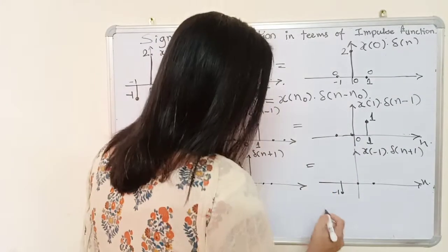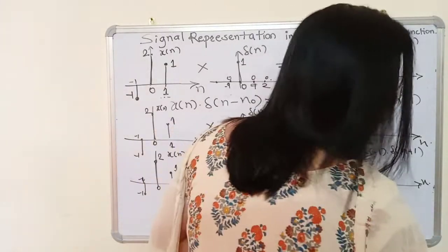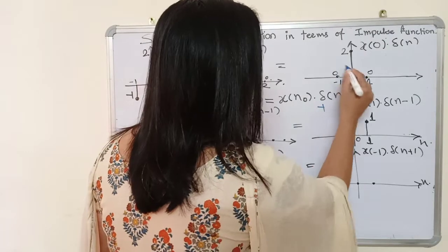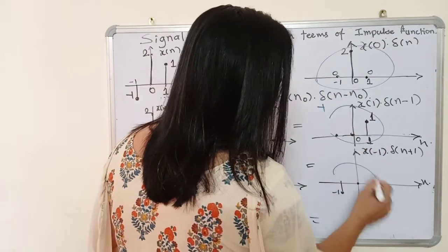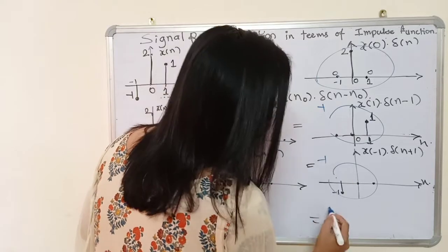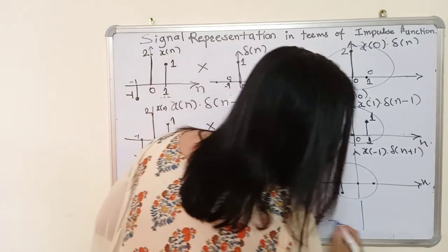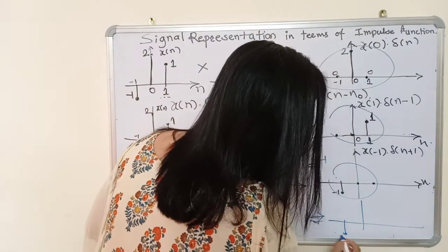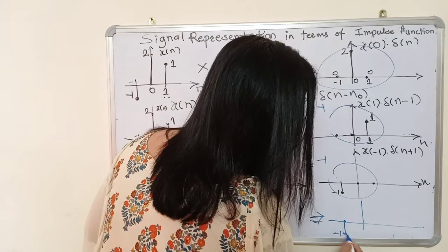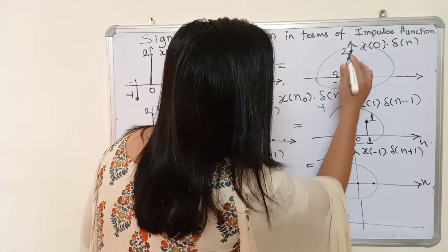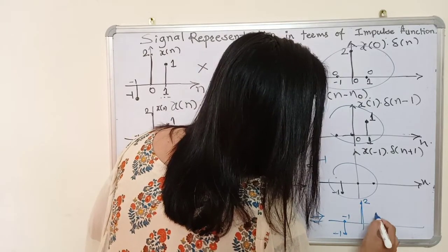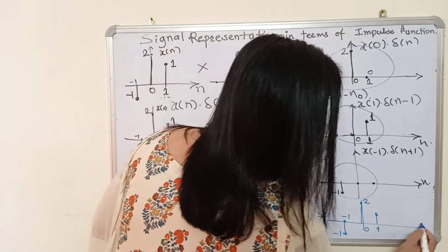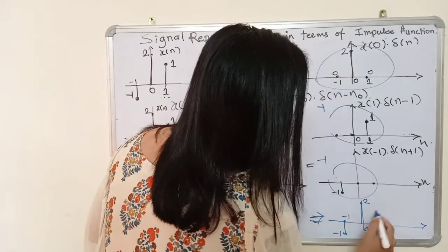Let us add. So when I add this plus this plus this, I am going to get a signal which is having a magnitude like this, -1 at -1. At 0 I'm having 2, and at 1 I'm having this amplitude 1.